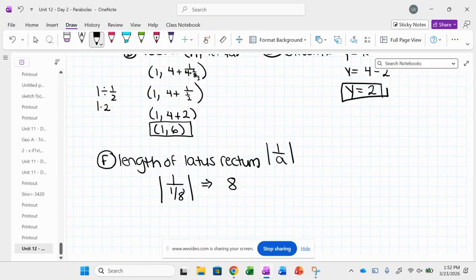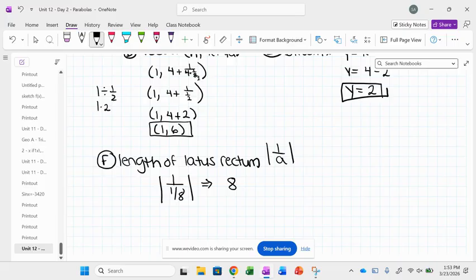So can we make a conclusion, since it's 1 divided by a? If a was not a fraction, if a was a whole number like 2 or 4, would it be a skinnier parabola or a fatter parabola? Skinnier. So let's come to some kind of summarization about A and the width of the parabola.